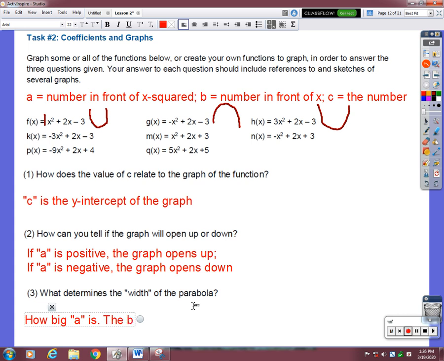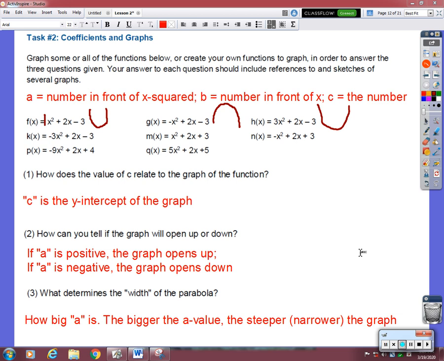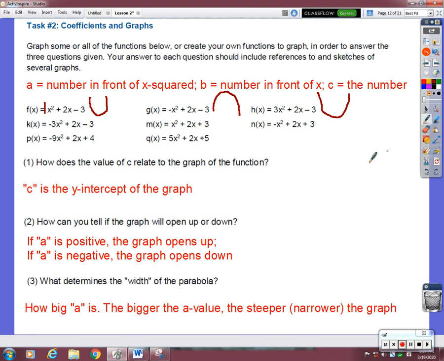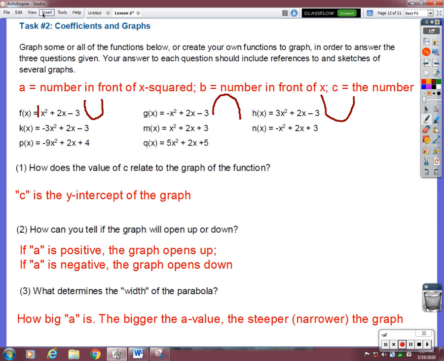So the bigger A is, that means the steeper or narrower, how do you spell narrow? Narrower the graph. And if A is smaller, then that means that the graph is actually wider. So like I said, you can think about that as being the slope of the graph a little bit.